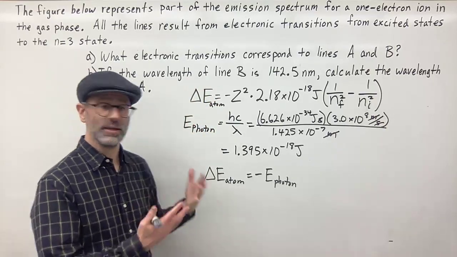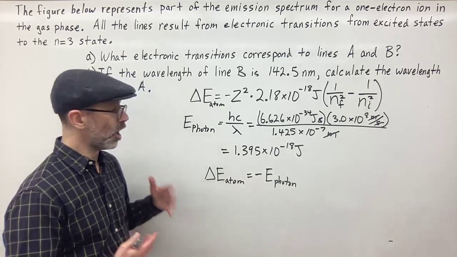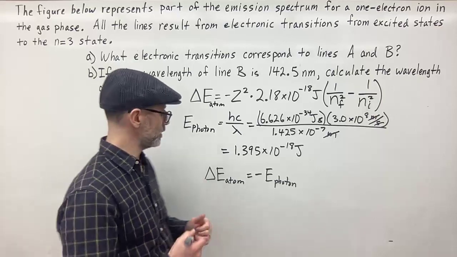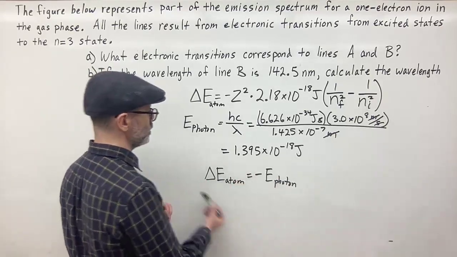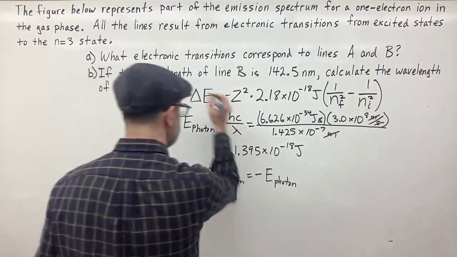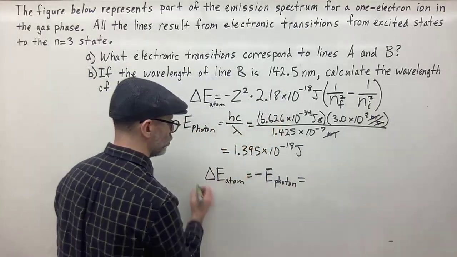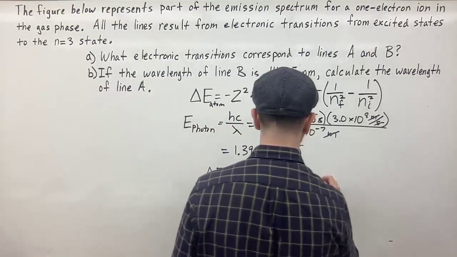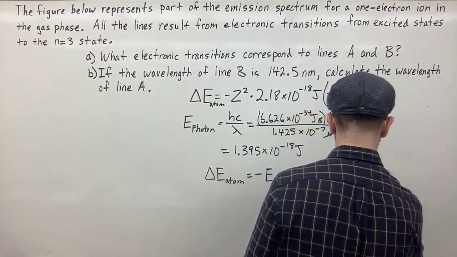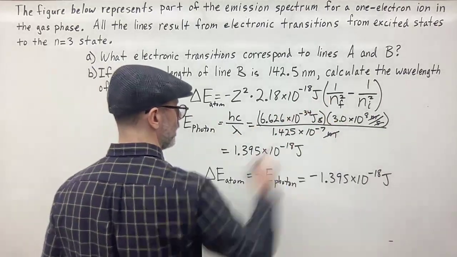And so that's going to release a photon. And of course, the photon is not going to have negative energy. It's going to have positive energy. So the loss of energy by the atom is the gain of energy that the photon has. So we got to make sure we do this. Otherwise, we're going to get a negative number that we don't want. So that means that if we use this equation, the change in energy of the atom is going to be minus 1.395 times 10 to the negative 18 joules. Okay, now we're ready to plug in the equation.